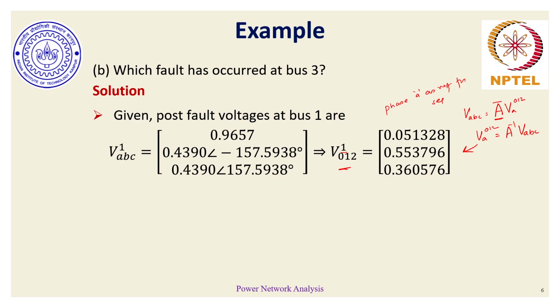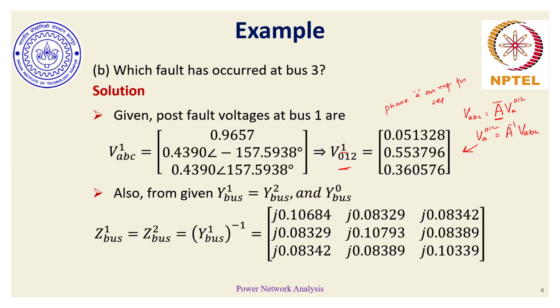Since the sequence voltages at bus 1 are now known, it is imperative to get some information out of this using the corresponding impedance matrices. Since the Y buses are given, we can take their inverses and get the corresponding impedance matrices. Why are these impedance matrices important?